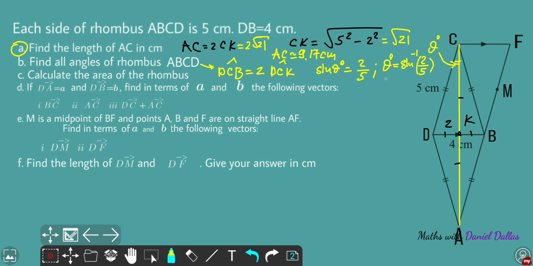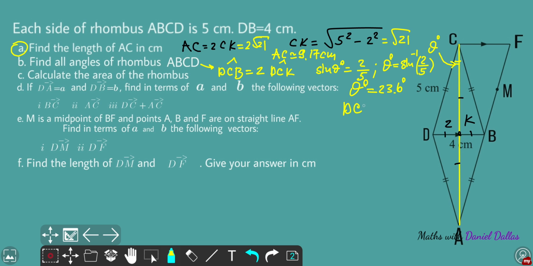Hence we can calculate the angle theta using the inverse function for sine of 2 over 5, and we've got 23.6 degrees.